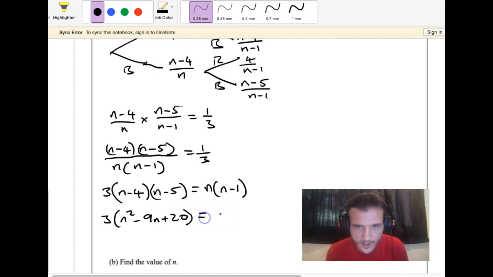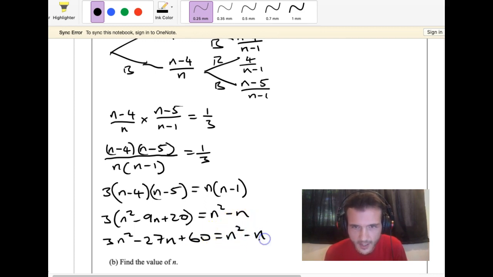That equals n times n, which is n squared, and n times minus 1 is minus n. Now we distribute the 3 to get 3n squared minus 27n plus 60 equals n squared minus n.